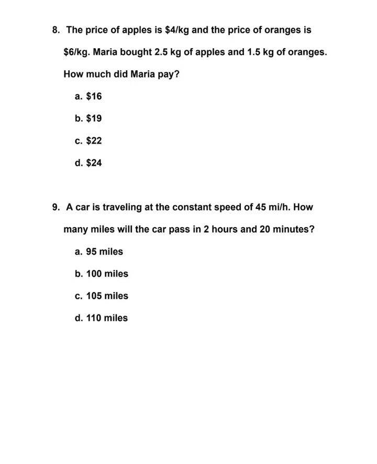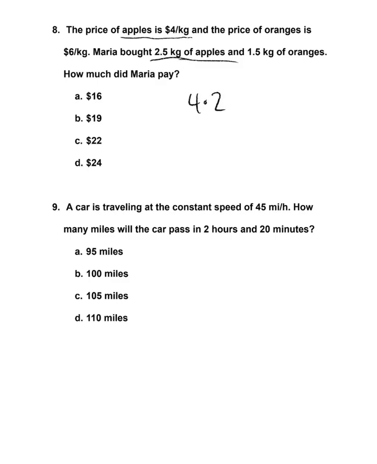The price of apples is $4 per kilogram, and the price of oranges is $6 per kilogram. Maya bought 2.5 kilograms of apples and 1.5 kilograms of oranges. How much did Maria pay? So the price of apples, and she bought 2.5.